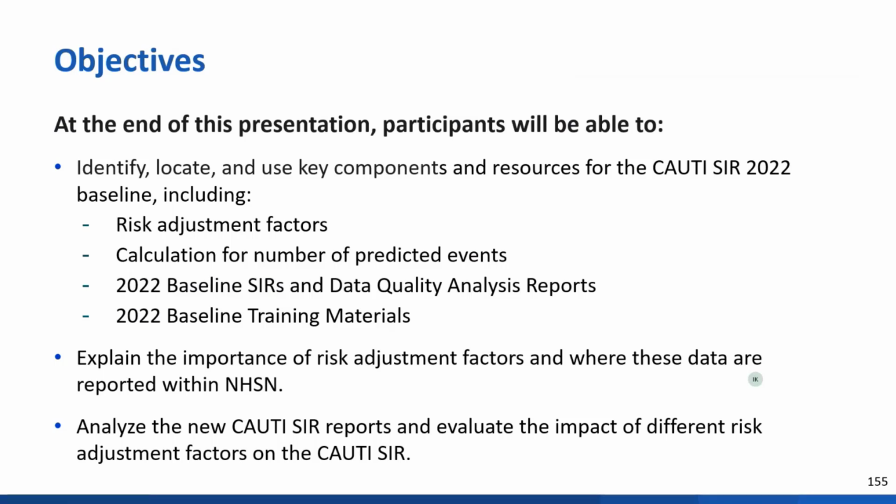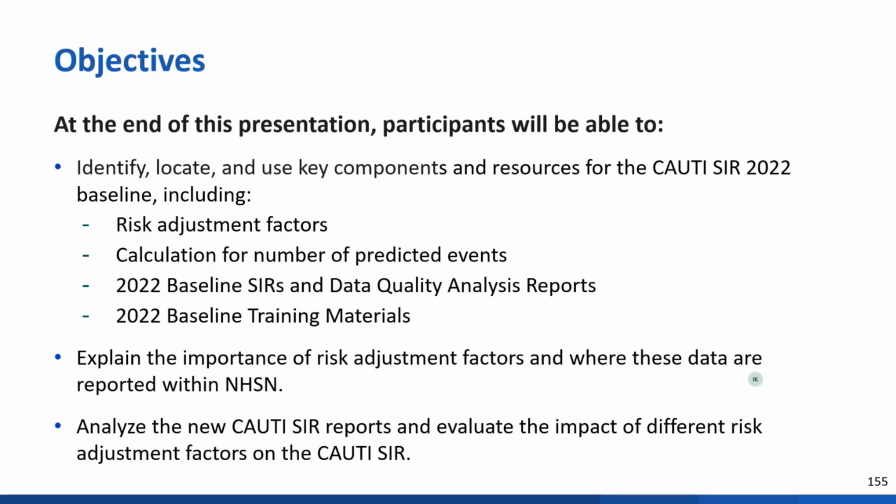All right, so let's begin by reviewing the key objectives for today's session. By the end of this training, you should be able to identify, locate, and use the key components and resources related to the CAUTI SIR using the 2022 baseline, including the updated risk adjustment factors, how to calculate the number of predicted events, where to find and interpret the 2022 baseline SIRs and data quality analysis reports, and how to access and apply the 2022 baseline training materials.